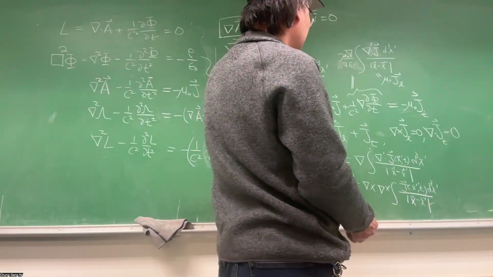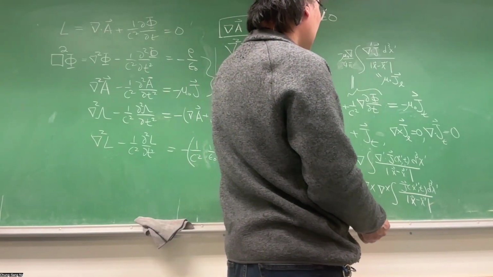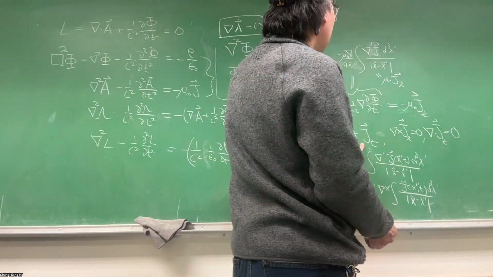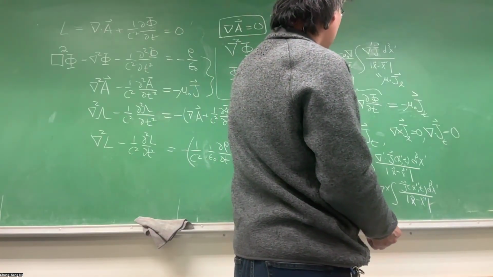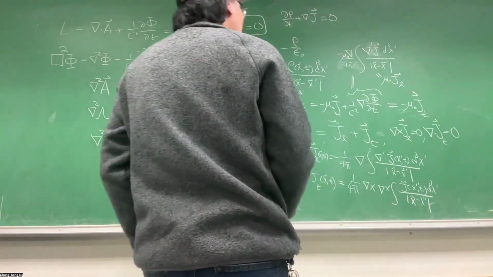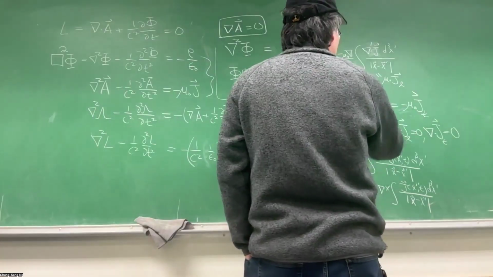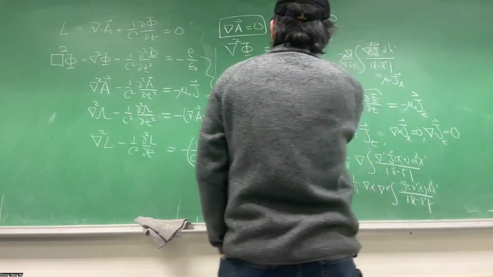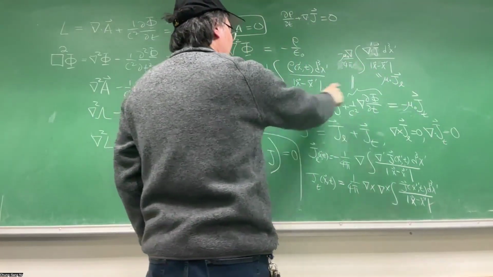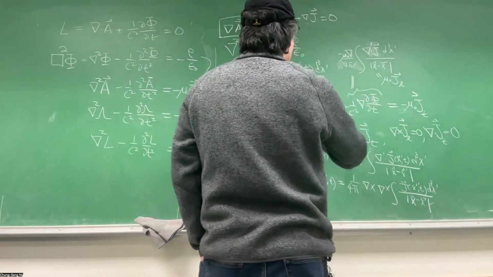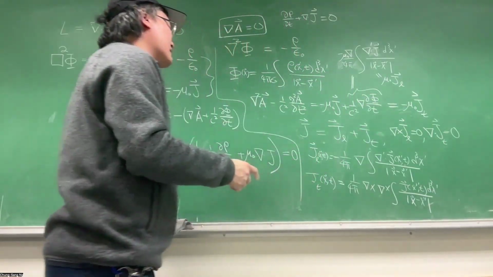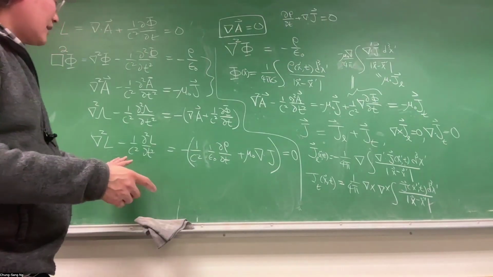The divergence of J sub T is 0. No, the right hand side, the divergence of J sub T, is 0. So the d'Alembert operator on divergence of A is 0, right? And so again the same argument applies.